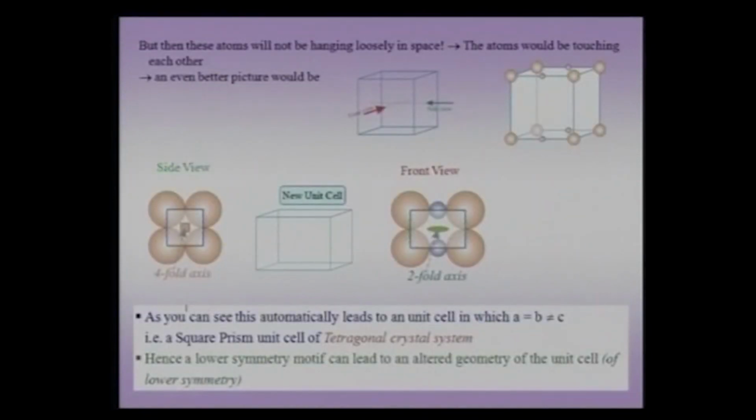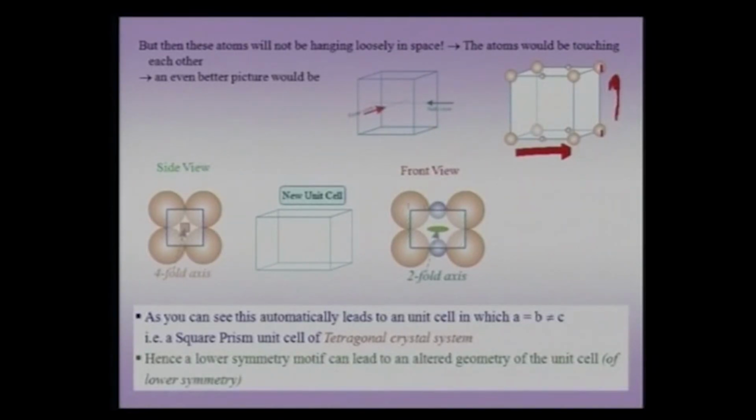Now, what would happen to this arrangement? Typically, because there is an additional entity here, this direction would have a longer length as compared to this direction where this atom can actually touch this atom. So, if I look at the front view, I would see a configuration like this. There will be an orange atom here, a gray, and another orange.